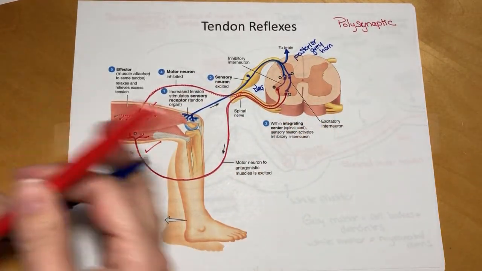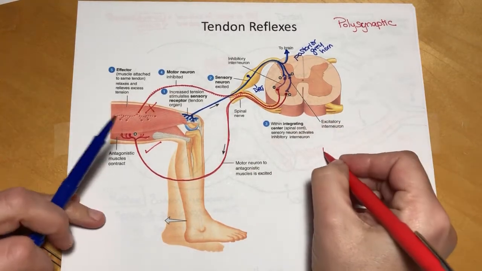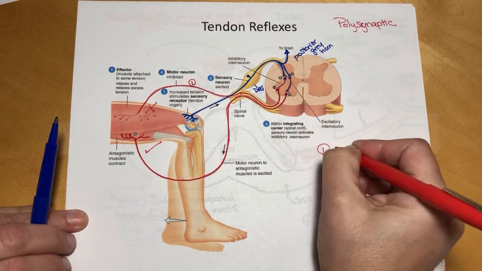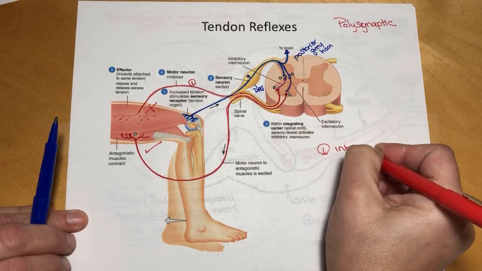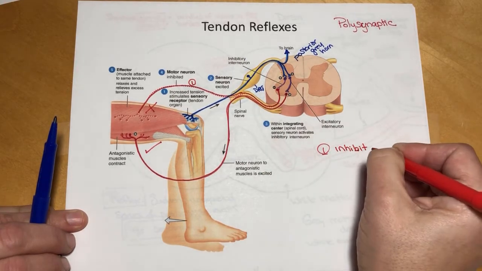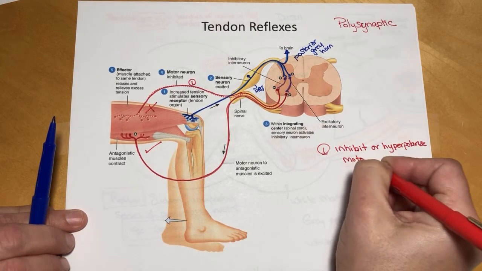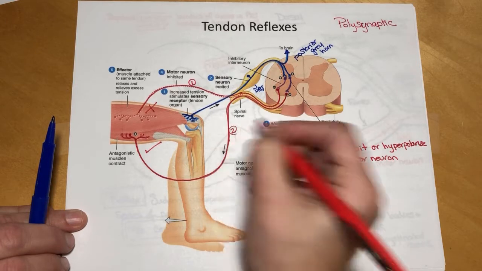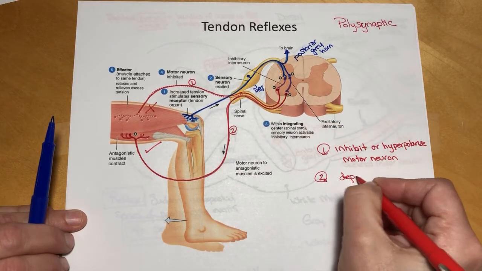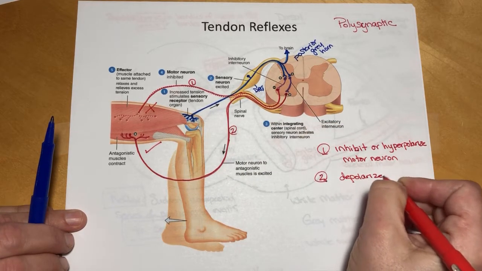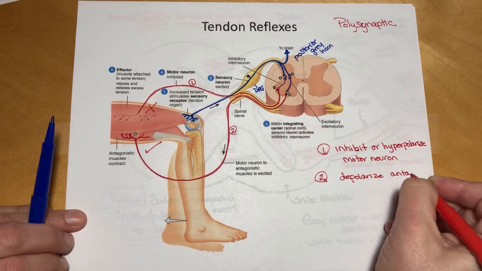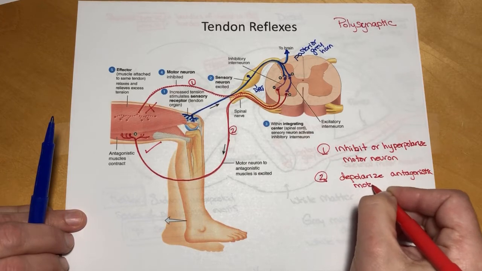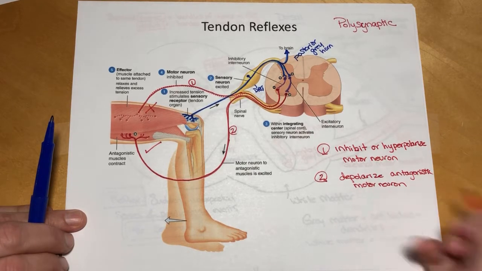So for the skeletal muscle, one of them, this one, is going to inhibit or hyperpolarize the motor neuron. And number two over here is going to depolarize the antagonistic motor neuron.